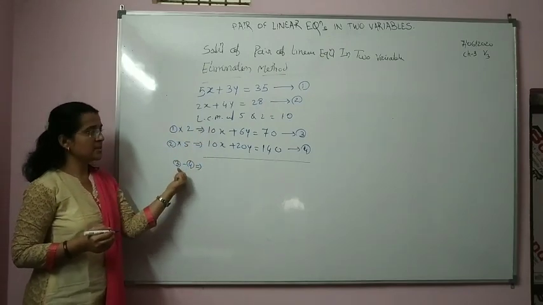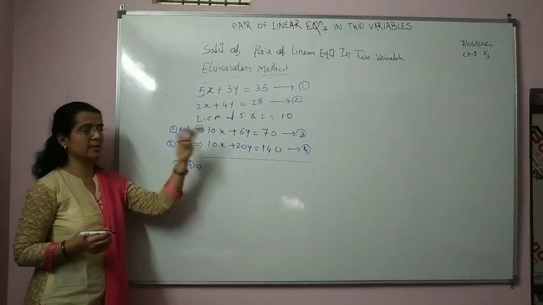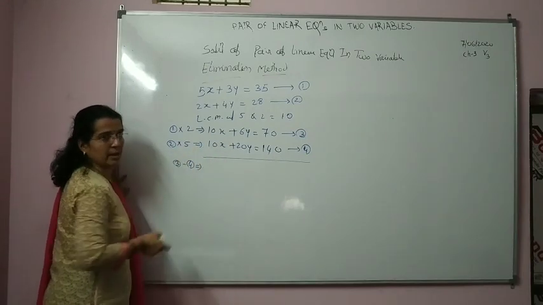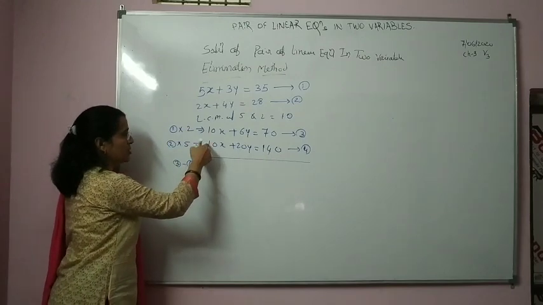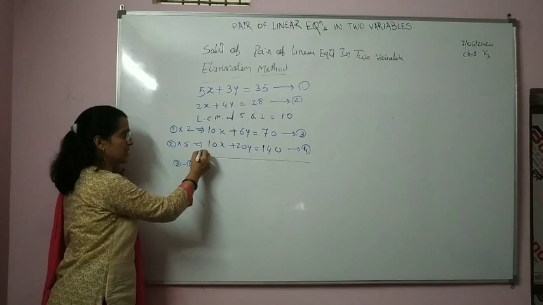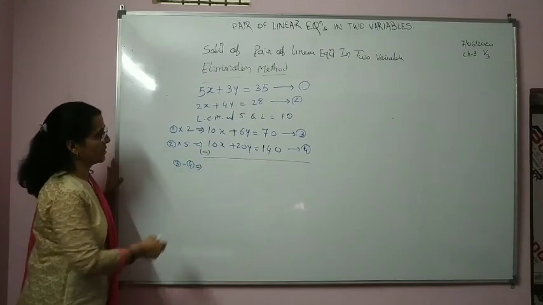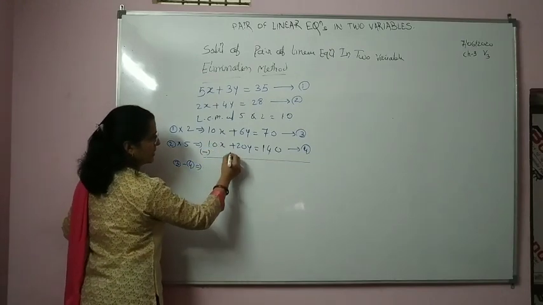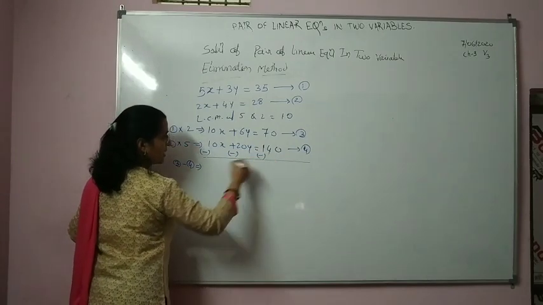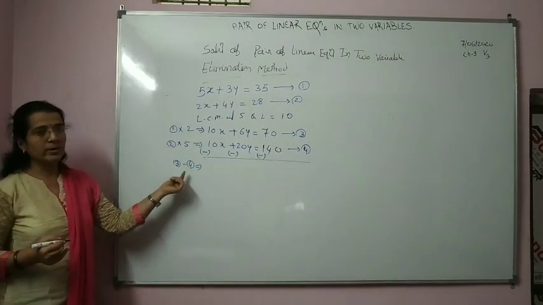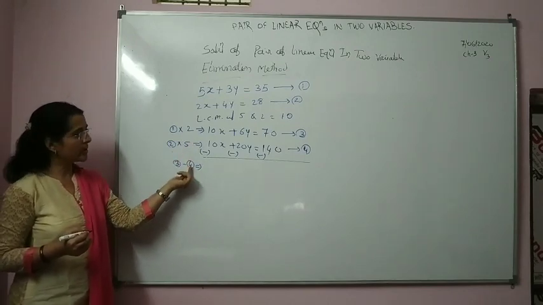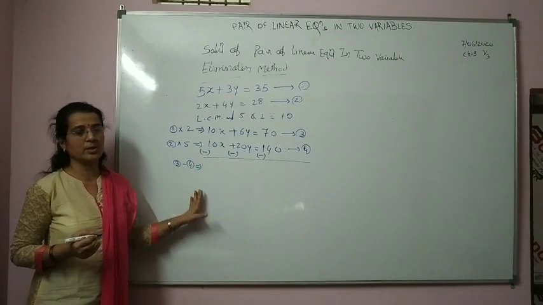As you know, in subtraction all the signs of the second equation get changed: plus will become minus and minus will become plus. So 10x will turn to minus 10x, plus 20y will turn to minus 20y, and 140 will turn to minus 140. Whenever you subtract one equation from another, don't forget to change the sign of the second equation.